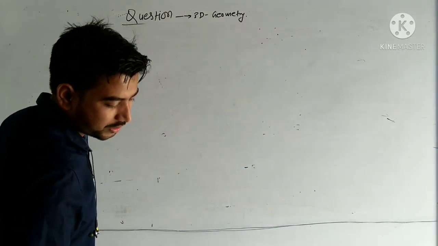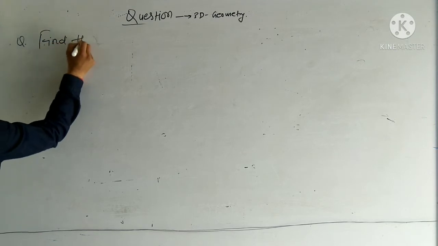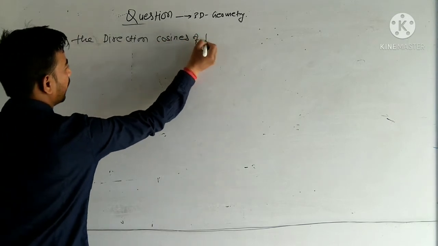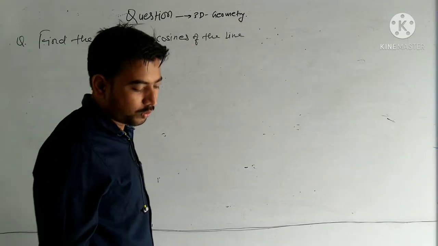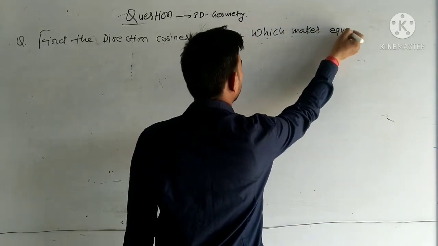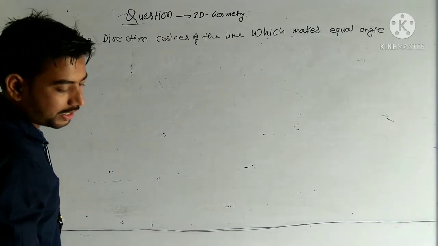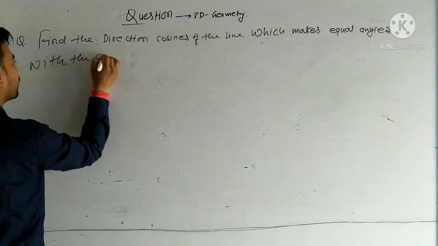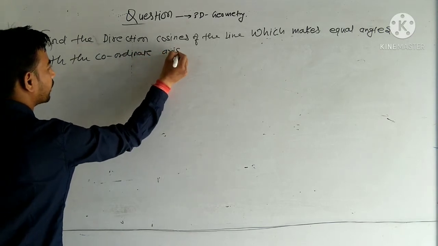Find the direction cosines of the line which makes equal angles with the coordinate axes.